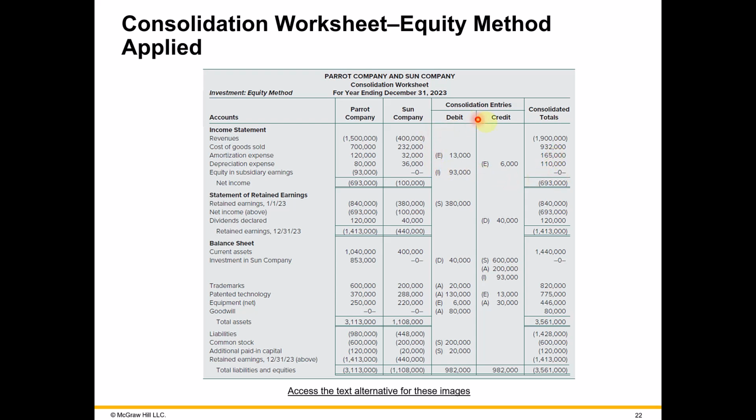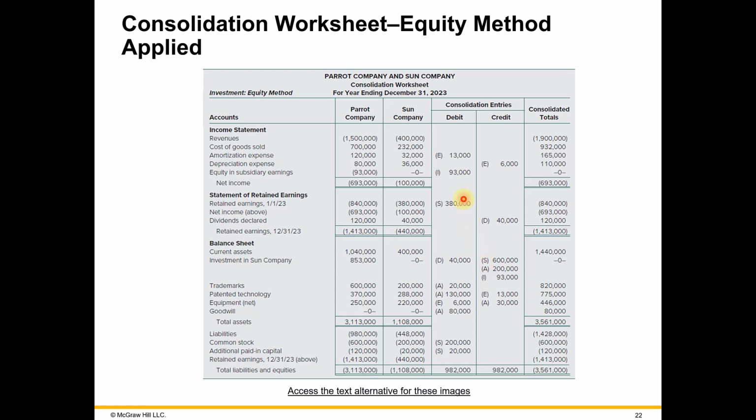When you look at the parent's investment in the sub, this asset right here, you go across and it's zeroed out. Remember, that was one of the objectives because you cannot own yourself, right, in the consolidated group. And if you don't end up with a zero balance, you know one of these numbers is incorrect, or maybe you missed one of these lettered adjustment entries.